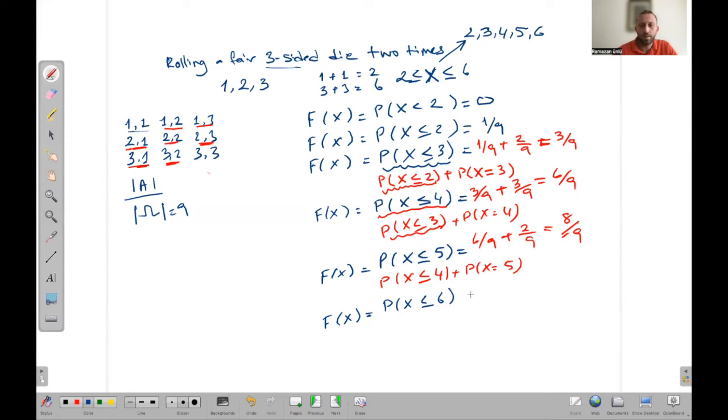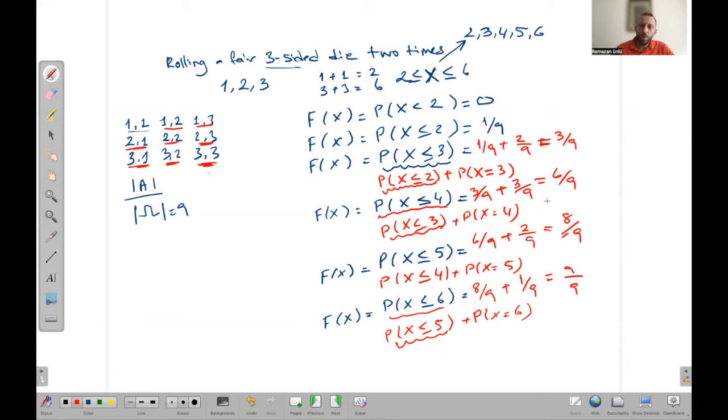This can be written as the probability of x less than or equal to 5 plus the probability of x equal to 6. I have also to calculate this one, which is 8/9 plus the probability of x equal to 6. There is only one point here that satisfies this equality, which is 1 over 9, and that gives 9 over 9.